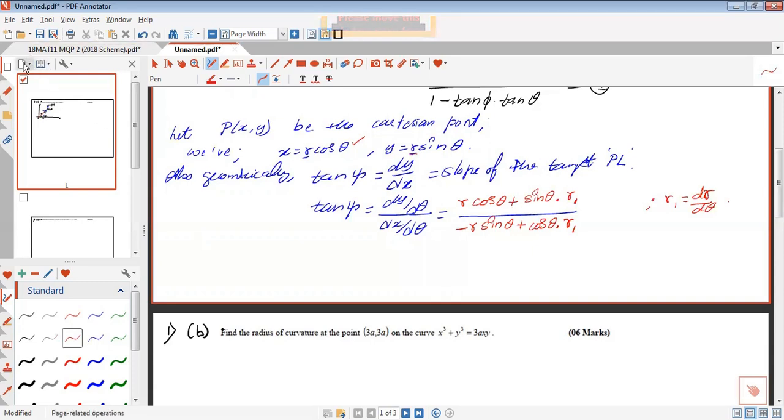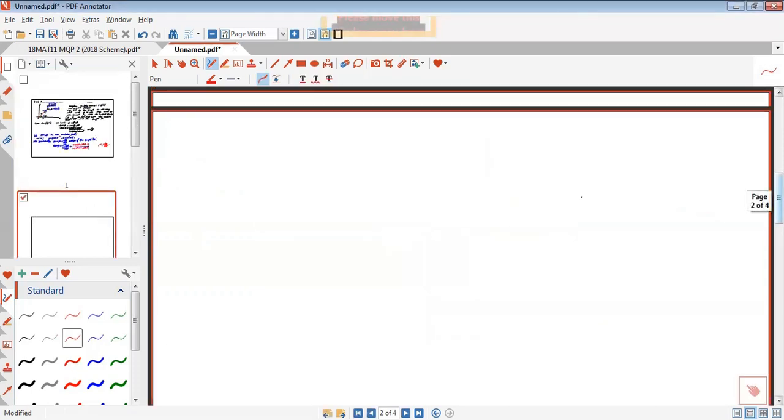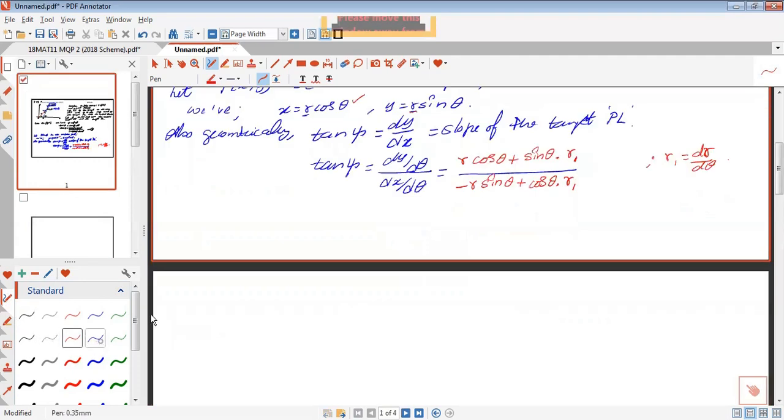Now we'll add one more page here. Divide each term of the RHS by r1 cos theta.